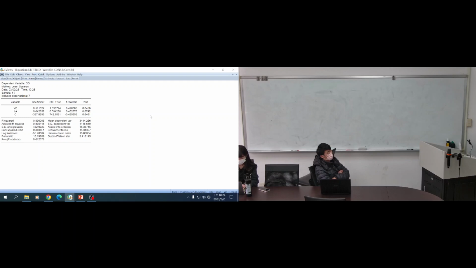Even whether we use a one-sided or two-sided test, all the p-values from the output are two-sided. If we want to use the one-sided test, we have to divide the p-value from the output, but even if we divide, it's still higher than 10%.